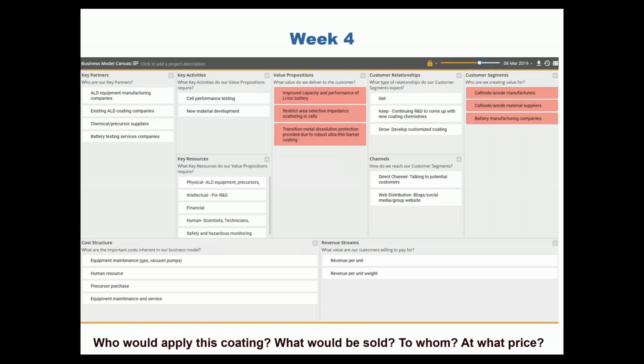By week 4, they had done about 50 customer interviews, and they were already beginning to really understand much more about the battery manufacturing market. They realized that while their initial value proposition of improving capacity was valuable, in talking to people in manufacturing there were some very specific value propositions that were specific to the cathode and the anode manufacturers.